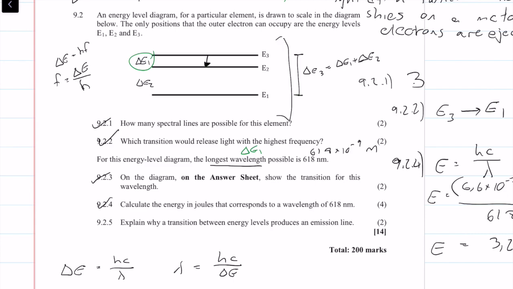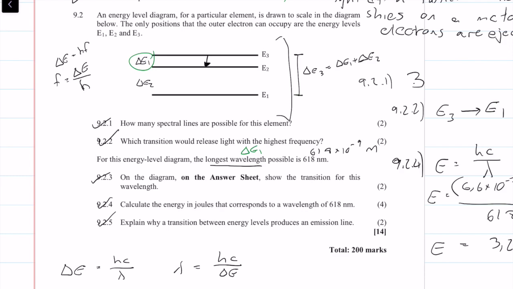Quite generous. Explain why a transition between energy levels produces an emission line. This is a theory question as well.